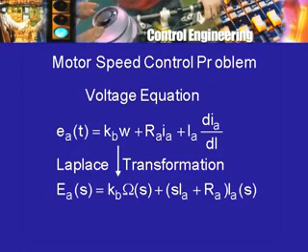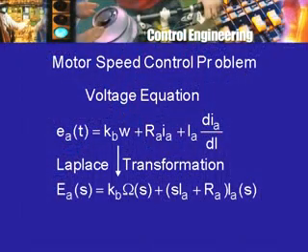So this is the Laplace transform version of the voltage equation. Applied voltage transform equals kb times the speed transform plus this linear factor S L A plus R A times the armature current transform.